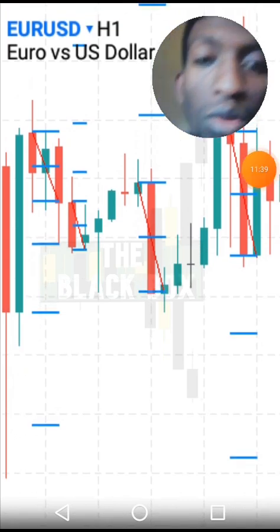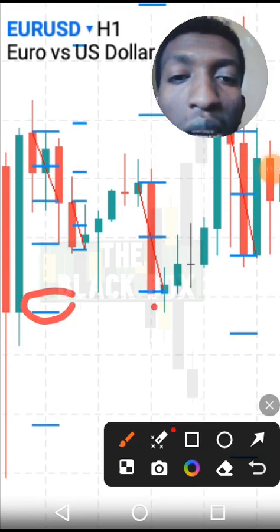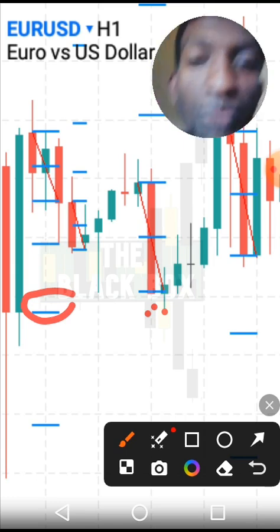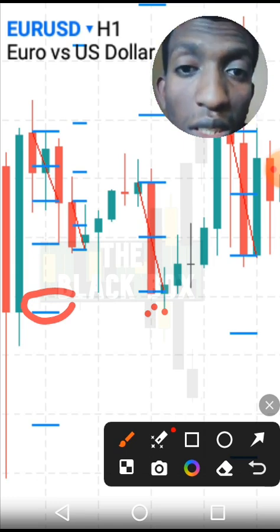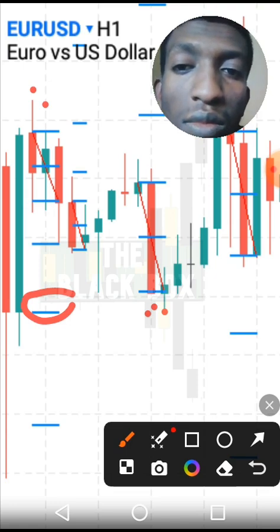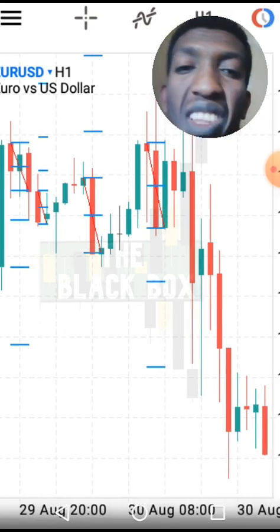I already told you at TP2 take partials, right there. Fulfilled, bam. If you put a horizontal line, TP2 is neutral. What does that mean? It means take partials. Stop loss still up there.